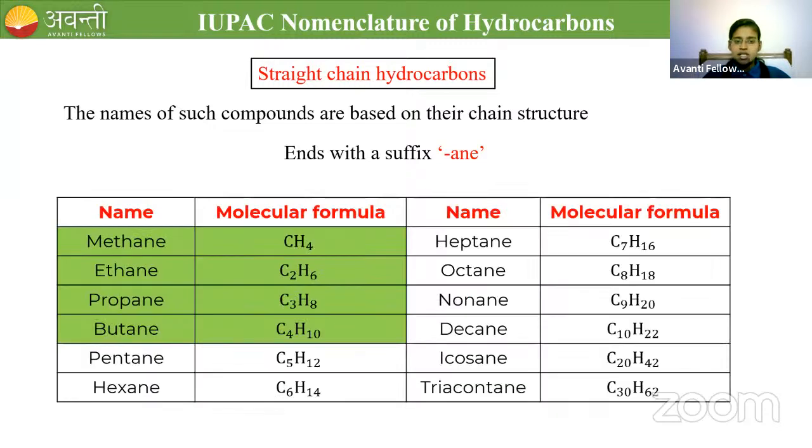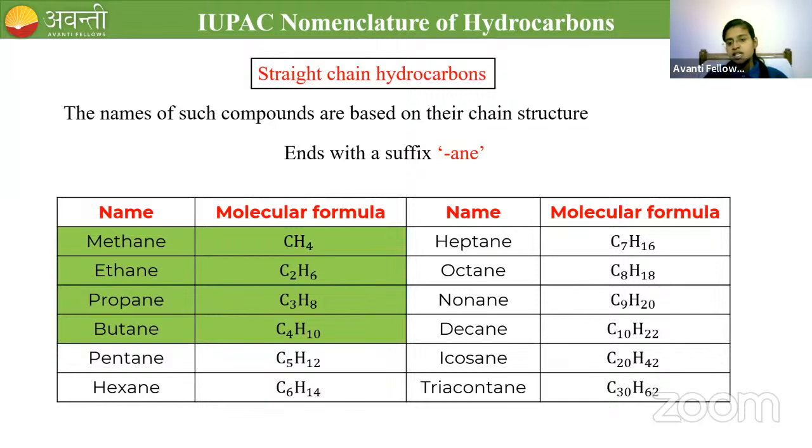For 1 carbon alkane, it is methane. 2 carbon ethane, 3 carbon propane, 4 carbon butane, 5 carbon pentane, 6 carbon hexane, 7 heptane, 8 octane, 9 nonane, 10 decane. If I have 20, then it is icosane.